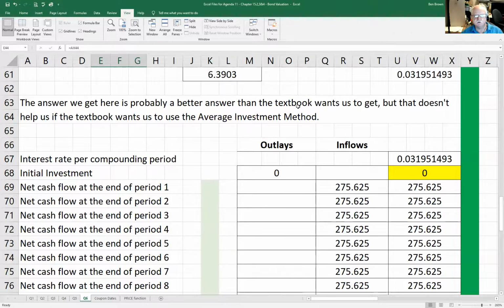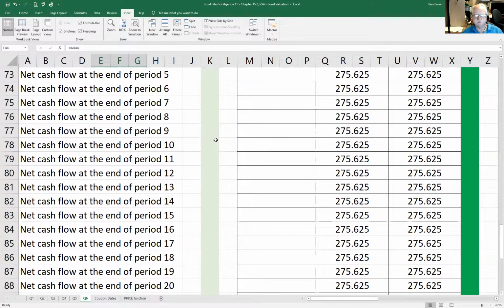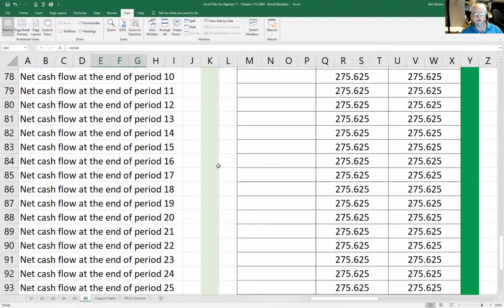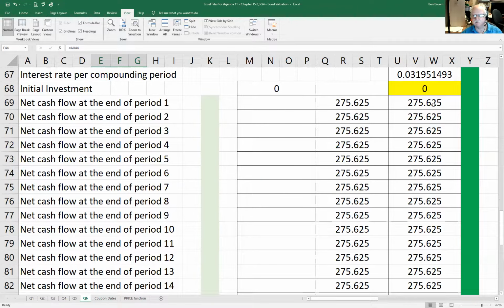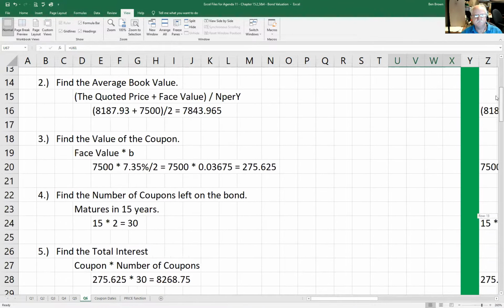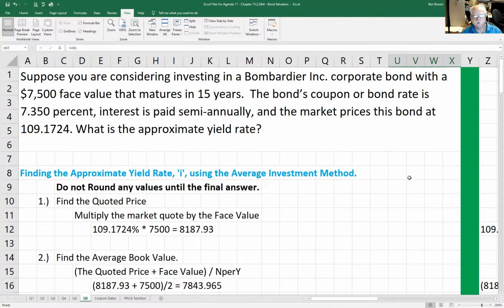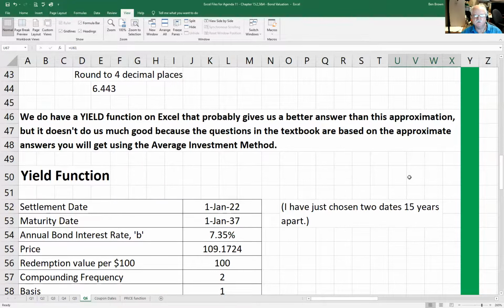Now, you can also do this on Excel. And this looks painful because we had to put all 15 years worth of coupons twice a year. So we had to do 30 cash flows of the amount. We had to put this interest rate per compounding period. Where did we get that? Did we have to calculate P?